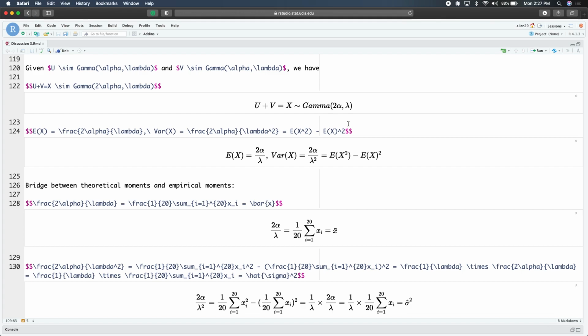But in my notation, I use alpha over lambda. They basically mean the same thing and formulate the same PDF, just with different notation, where one is 1 over the other.